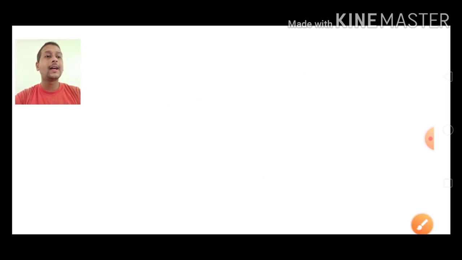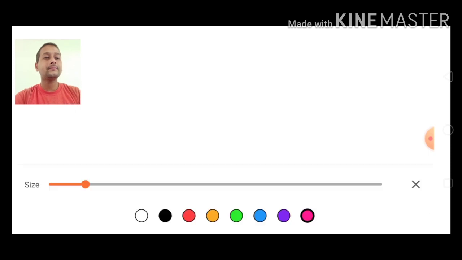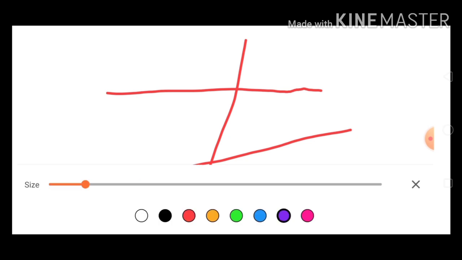Okay, and the last part. So these are two lines, this is the transversal. Then the interior angles on the same side of the transversal are these two.